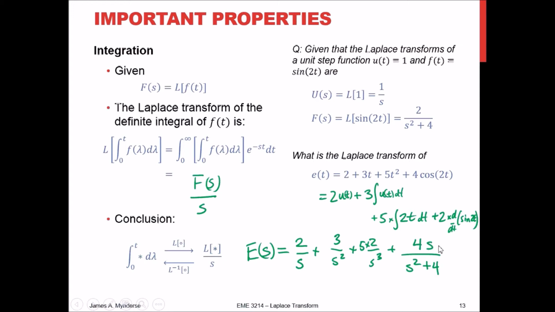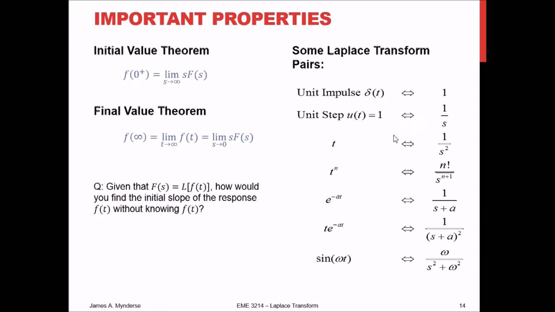So that is an example of how you can use these properties of integration, differentiation, and linearity to solve many, many Laplace transforms, as long as you can relate them to things that we already have. And we have many of them.